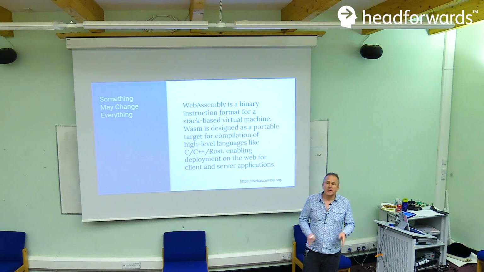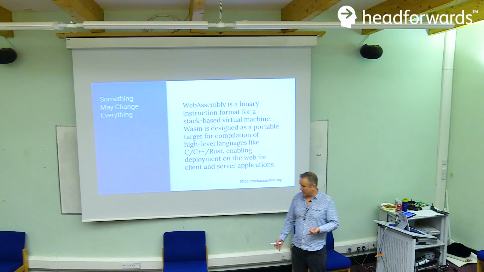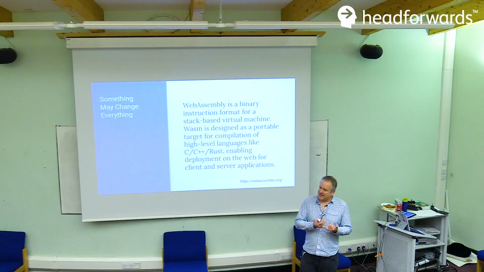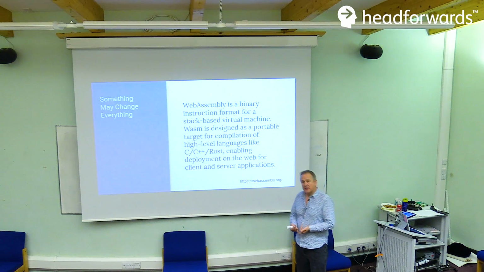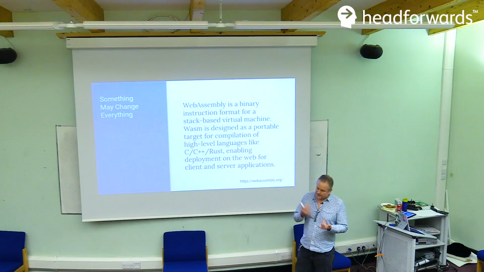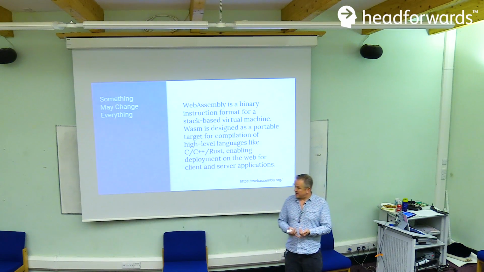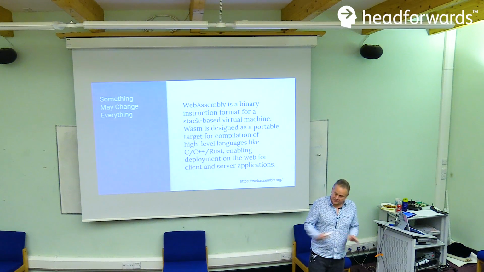This format is smaller, so it gets to the browser quicker than your JavaScript. It's in a format that's easier for your browser to read, so it can run faster. This will give you near native speeds.